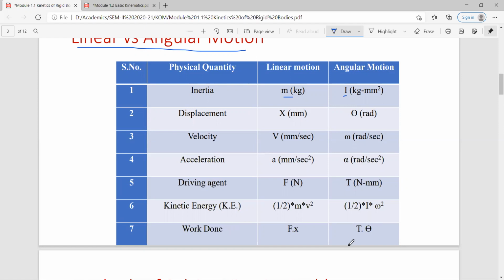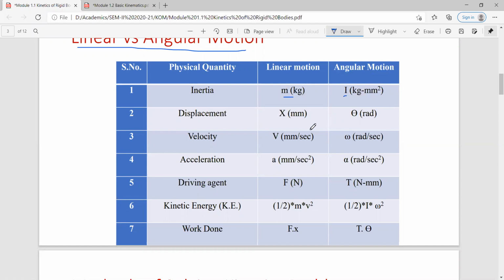In angular motion, how will you calculate the work done? In place of force, you will use the torque here, and in place of your linear displacement x, you will use the angular displacement theta. So these parameters get changed in angular motion. You have to consider the corresponding parameter.